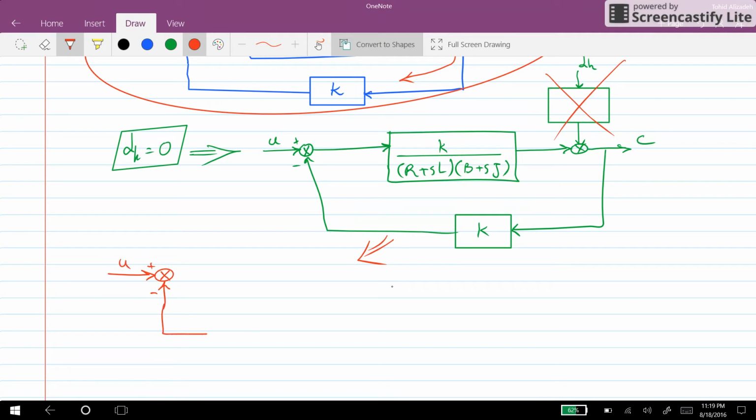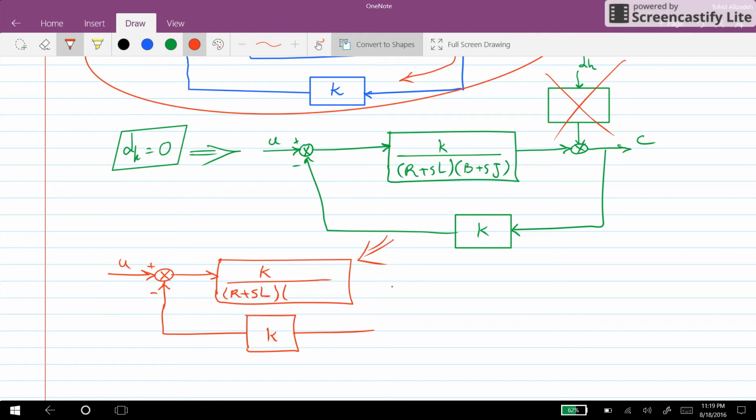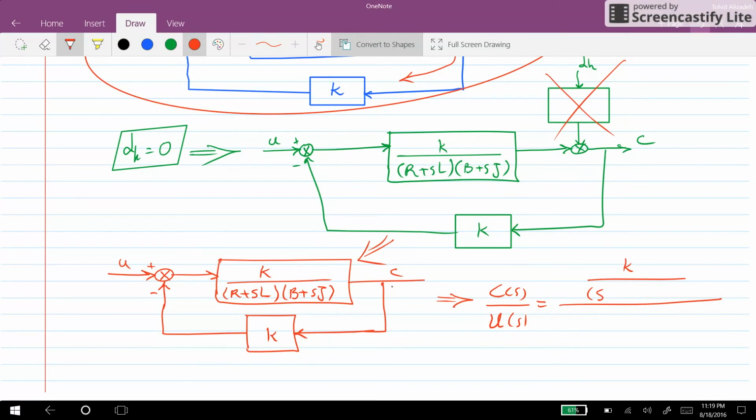Plus minus U, here we have K over R plus SL times B plus SJ, and negative feedback K. So this is the usual feedback configuration, and we know that C over U now is given by K over R plus SL times B plus SJ, divided by 1 plus K times K over R plus SL times B plus SJ.